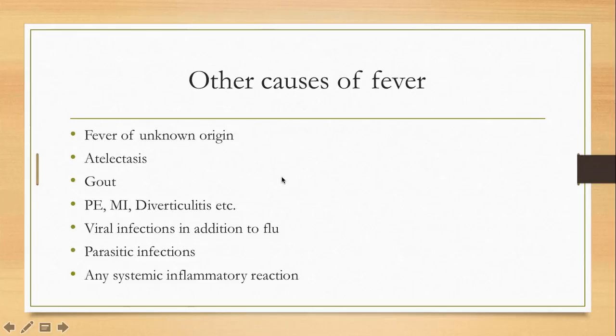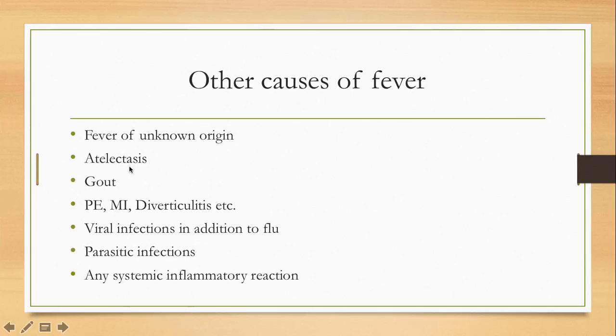Then there are other causes of fever that are outside of this talk, so I did not cover these, but just remember that these can also cause fever. Fever of unknown origin, no surprise there, but obviously there's nothing to talk about here as far as the etiology is concerned because we don't know what causes it. A small percentage of patients come in with fever of unknown origin, which means fever has lasted for a while and no cause has been found.